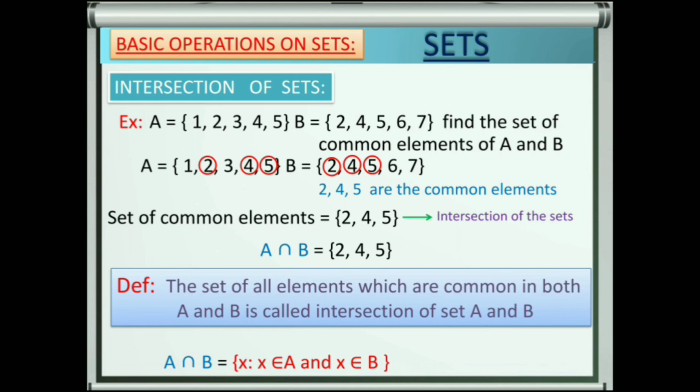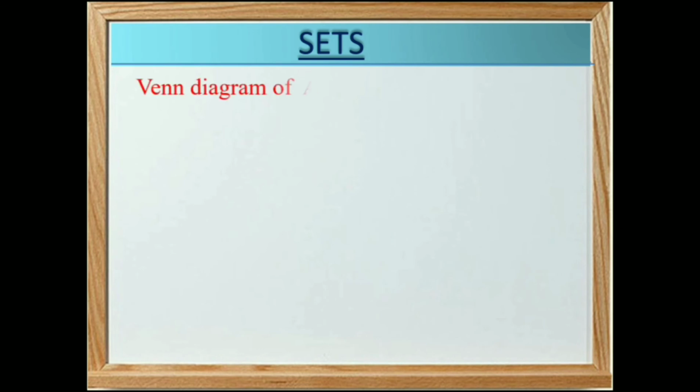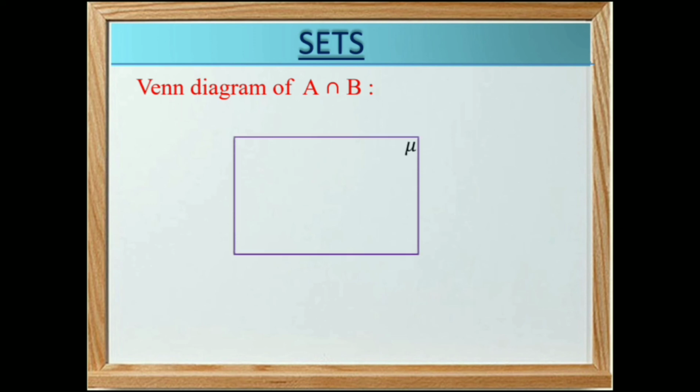Okay, children. Let us consider the Venn diagram for A intersection B. How can we draw a Venn diagram for A intersection B? Like this, first draw a rectangle shape and draw two circles which are overlapping each other.